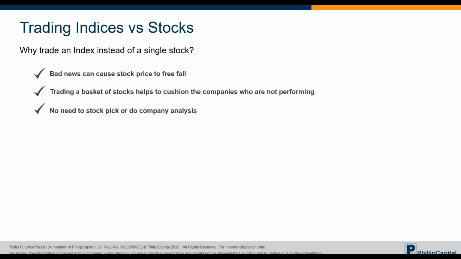So if you look at a US index such as S&P or Dow Jones, it actually provides an indication of how the US equities market is doing. And usually this index and the underlying stocks move in tandem. So if the US index moves up, the majority of the stocks should also be moving up in theory.